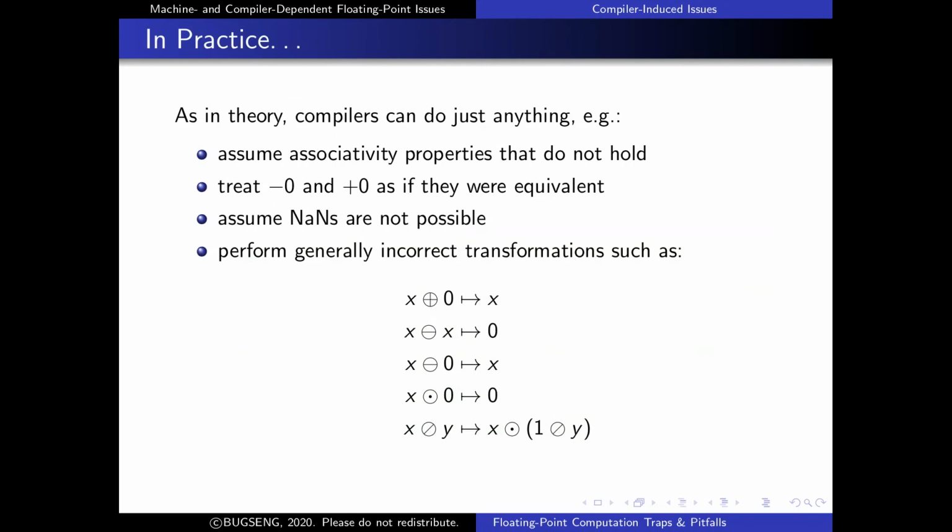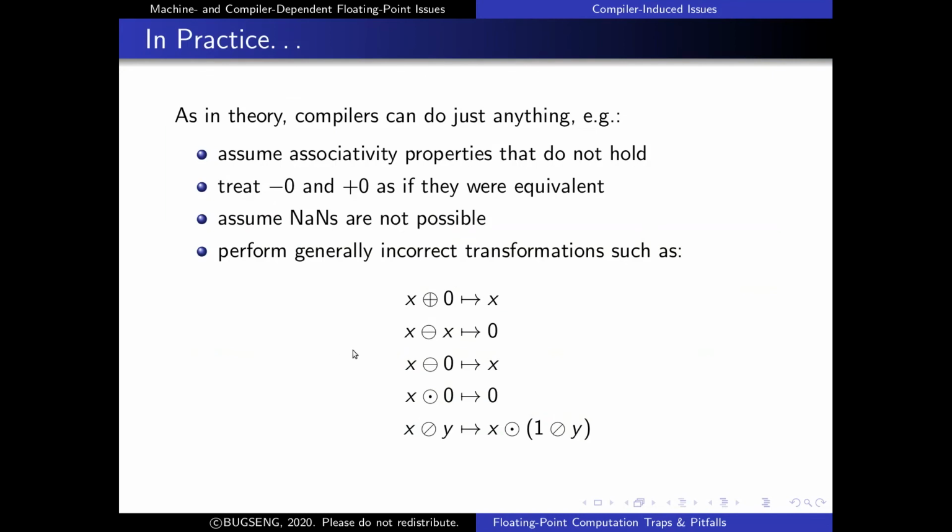In particular, they can assume associativity properties that do not hold. They can also assume distributivity properties that do not hold. They can treat -0 and +0 as if they were equivalent, whereas they are not, as you know from the previous seminar. They can assume that NaNs are not possible, and perform incorrect transformations, such as replacing x + 0 with x, which is not always valid.